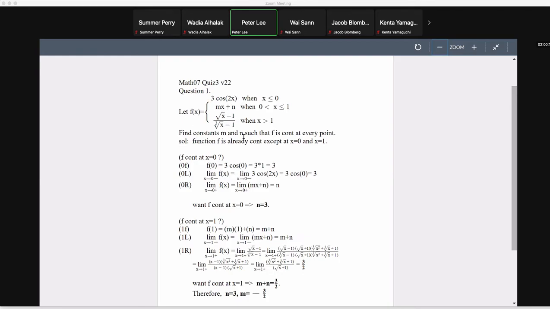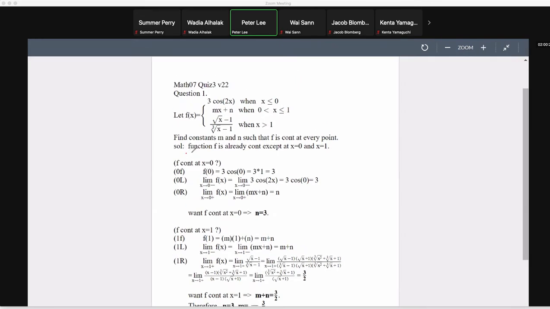And now the question is: find the m and n such that f is continuous. So first of all, when you do something like this, always make things very clear. The first thing I'll write is that the function is already continuous except possibly at x equals 0 and x equals 1. Why is it so? Because when you look at these functions right here, all three of them are continuous functions on each of these intervals.